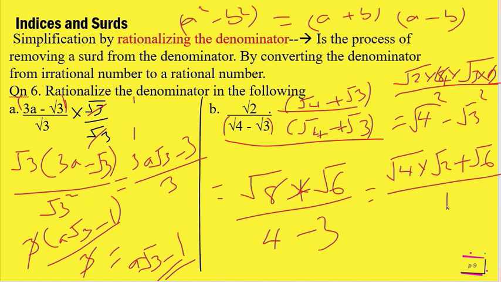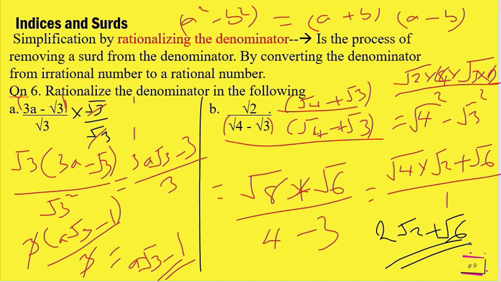The reason I separated them like this is that root 4 is a perfect square, so the answer there will be 2 root 2 plus root 6. That becomes the answer. Now by that, I hope you know how to add surds.